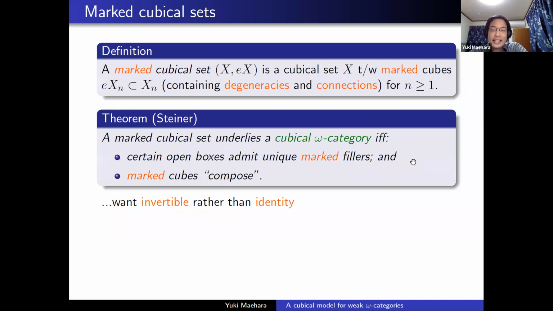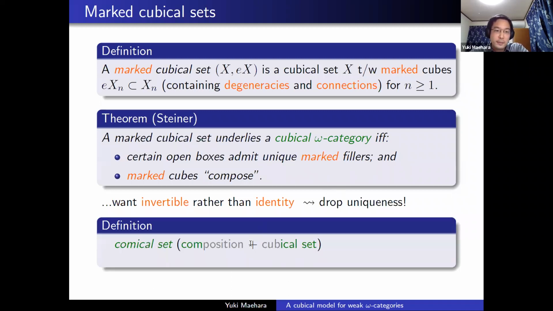because that would encode the existence of composites, and we do want to be able to compose things in this omega category-like thing. But because now the compositions are witnessed not by identities but by invertible morphisms, it doesn't make sense to ask for unique marked fillers anymore. So we just drop uniqueness, and let's go.